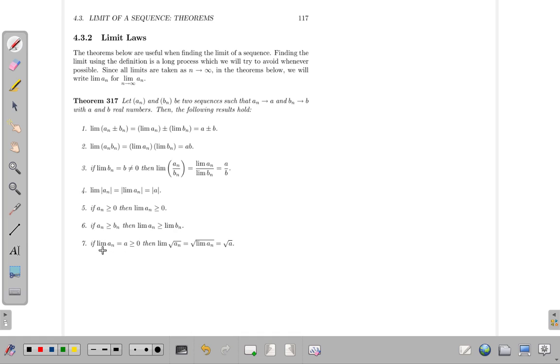And if you find the square root of the function and find the limit, it will be equal to finding the limit of the function and then square rooting it. So these are the 7 results that you should remember. It's not really hard to forget. You don't even have to think about them once you know them while you're applying them to solving any problem.